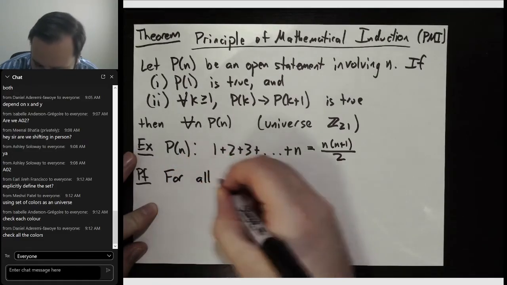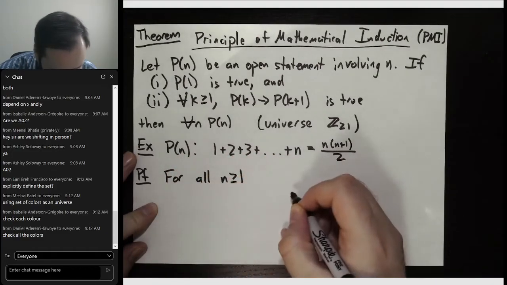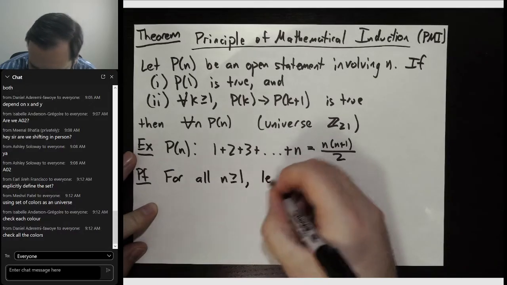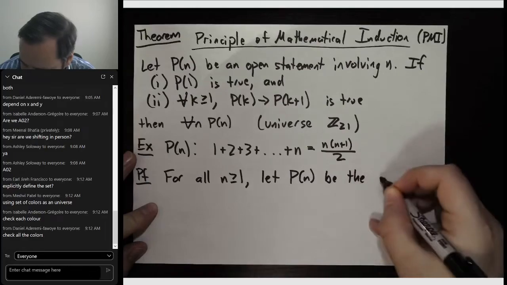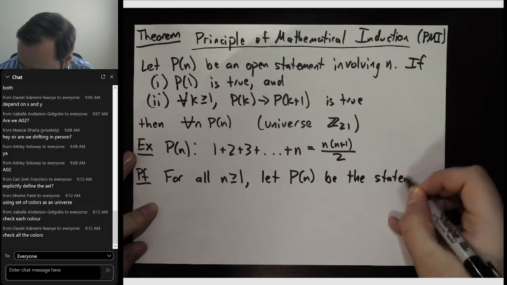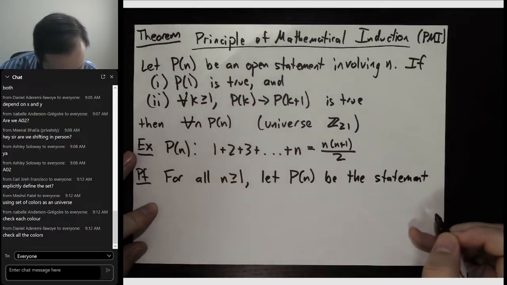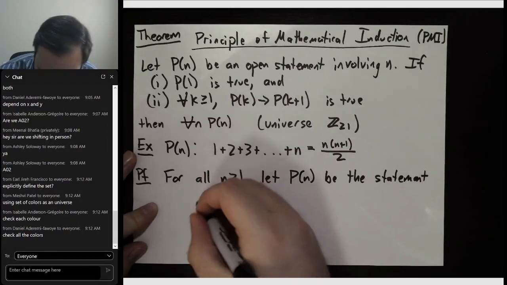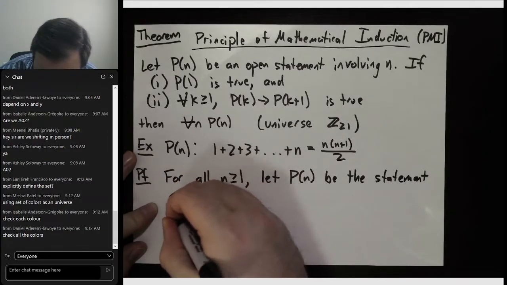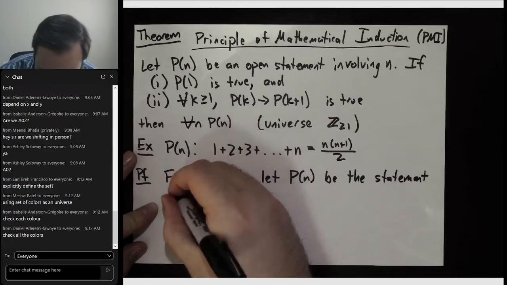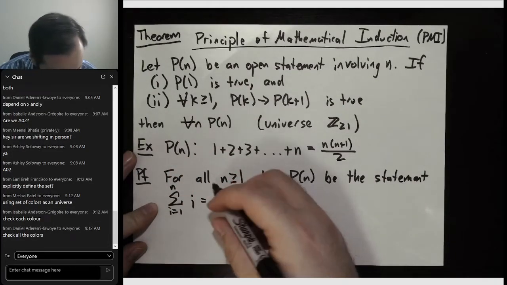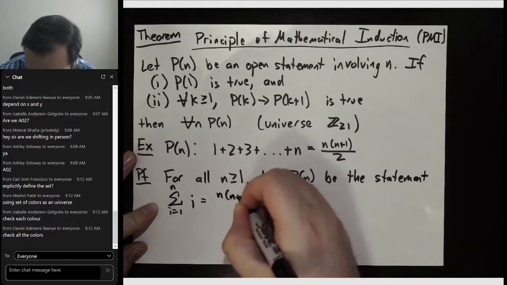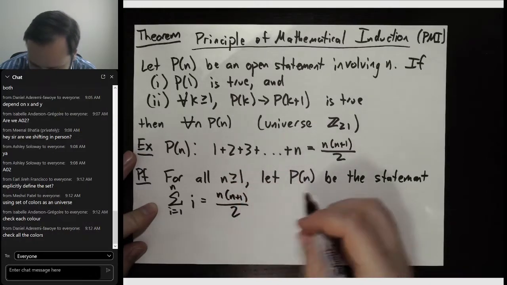For all n greater than or equal to 1, let P of n be the statement: the sum from i equals 1 to n of i is equal to n times n plus 1 over 2.